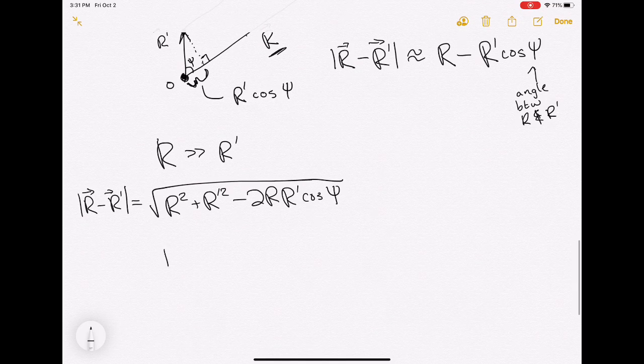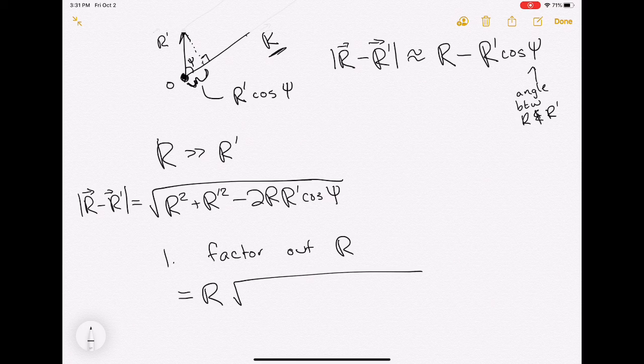The first thing we have to do is factor out r, in which case we get, and this is an exact equality, r times square root of 1 plus r prime over r squared minus 2 r prime over r cosine psi. So far, so good.